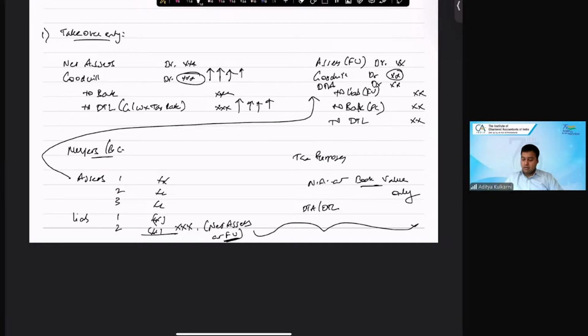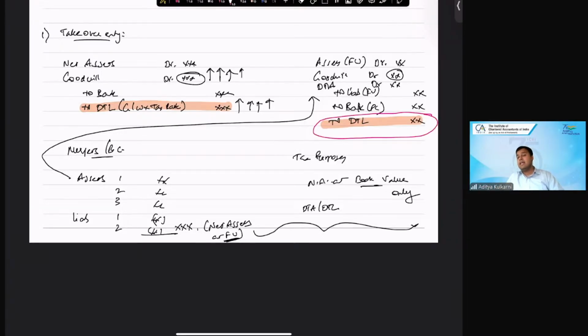This DTL, what we are seeing here, is not the same as this DTL. This DTL is on the goodwill, which we are not supposed to recognize because of the circular reference. But this DTL, the second one, is not giving rise to a circular reference.